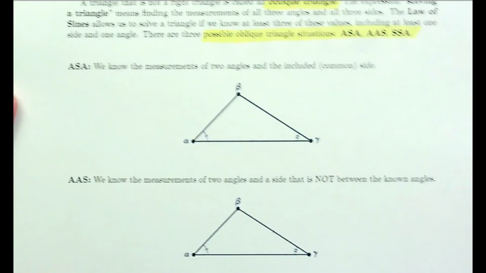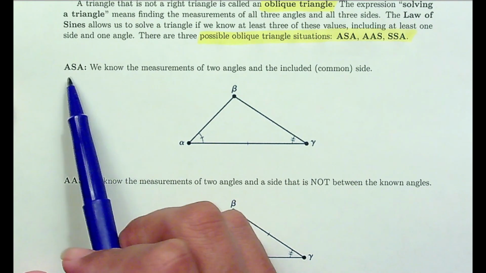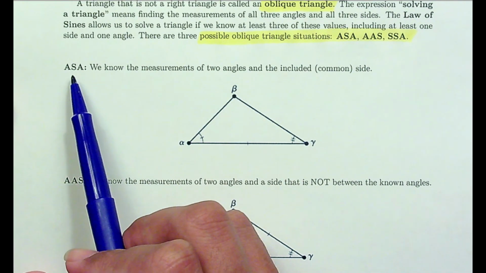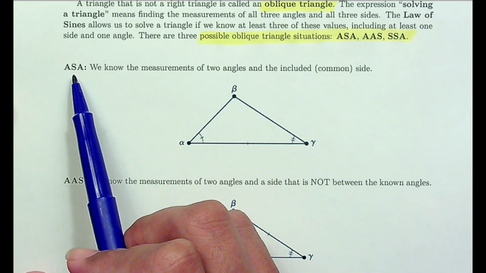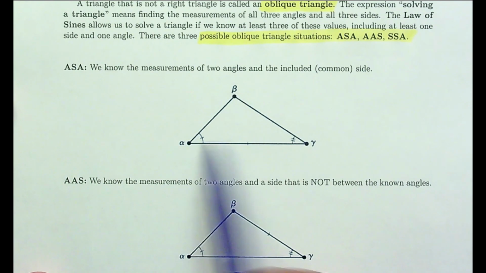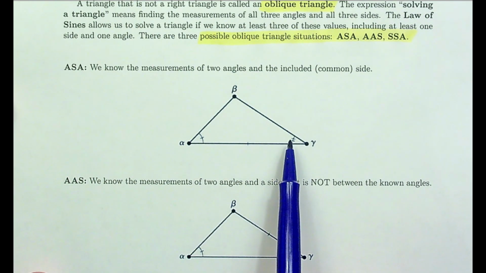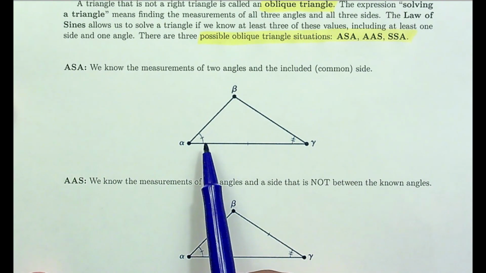The first one, angle, side, angle, means that you know 2 angles and the side that is in between them, or the side that is included, the common side. So for example, in this picture, suppose that we know these 2 angles, the ones that are clearly marked, that means that we know them.